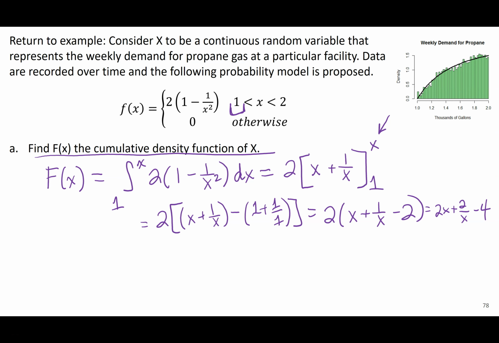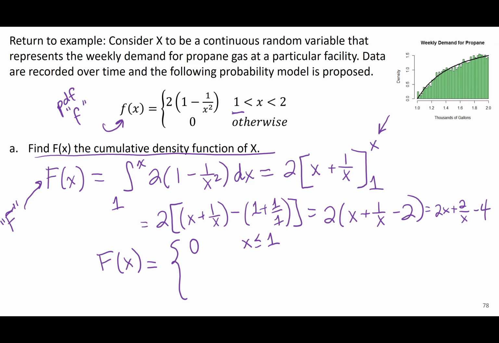For me, I like to put it as piecewise. So capital F of x. Note, when we are defining these, the PDF has a lowercase f, the CDF gets an uppercase F. That's an important distinction. So capital F of x is going to be 0 for x less than or equal to 1, because we don't have any area up to that point.